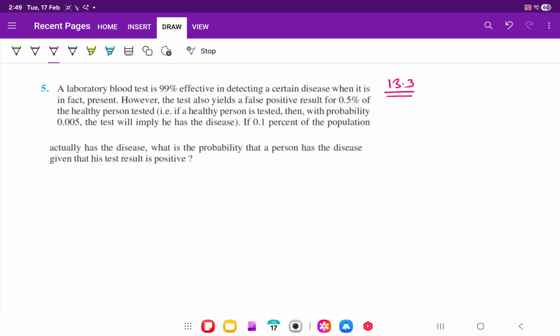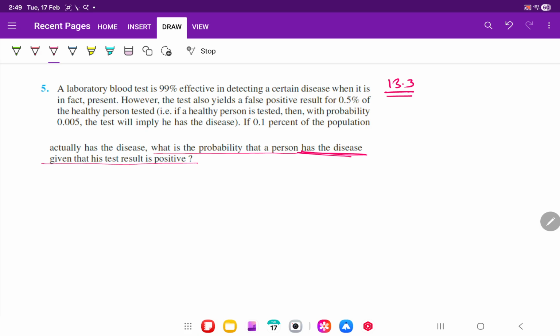Then they are saying 0.1% of people have the disease, very few people. So 99.9% will not have the disease. They are asking: what is the probability that he has the disease and the test came positive?